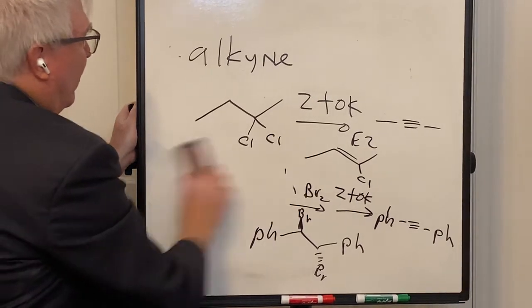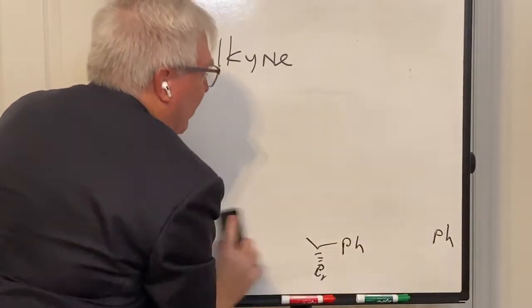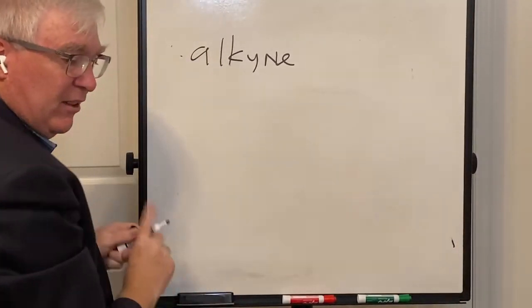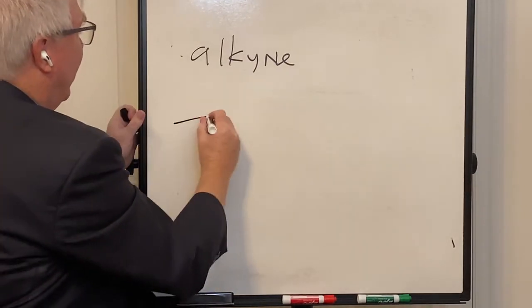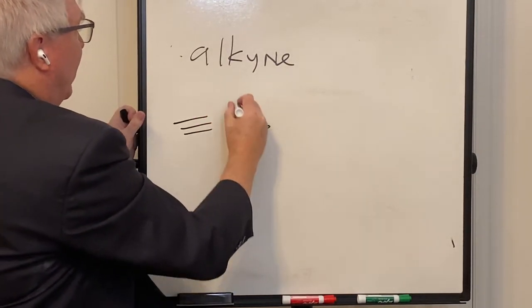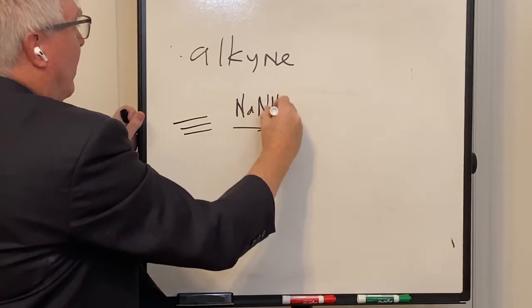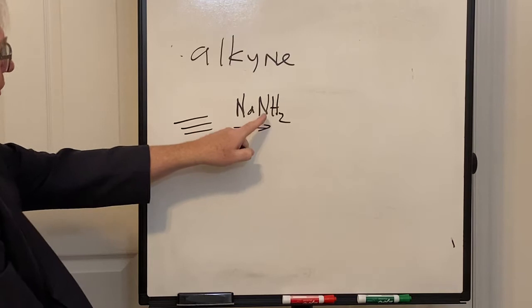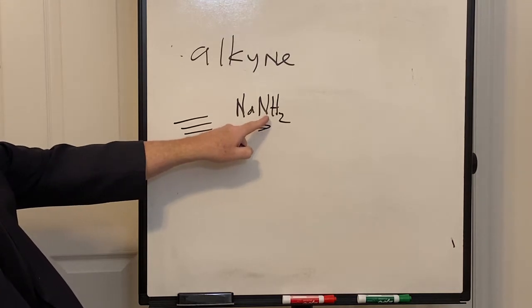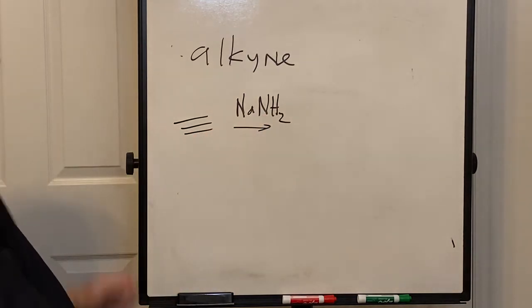Now, there's another reaction with alkynes that we'll cover toward the end, but I like to show it right here. So we can take acetylene and treat it with sodium amide. Okay, this is the sodium salt of the base that comes from ammonia.